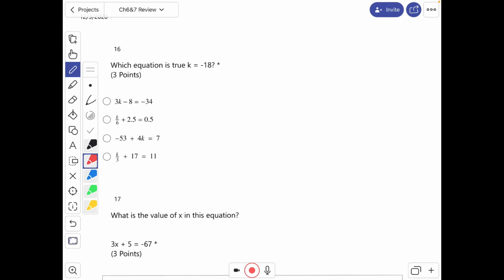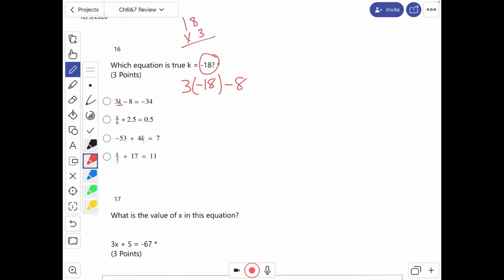Number 16, very similar to 14. We could solve all those equations, or we could just plug in negative 18 every place we see a K. So this first one would be 3 times negative 18 minus 8.